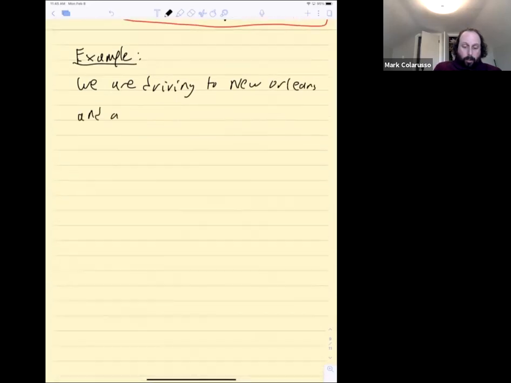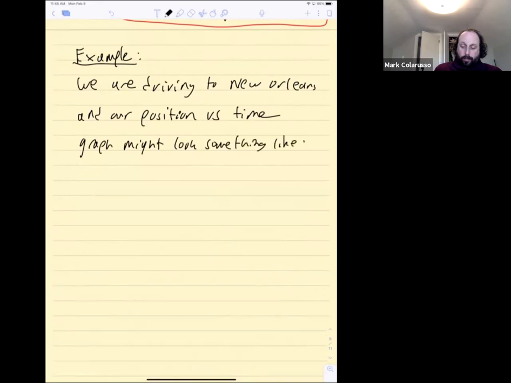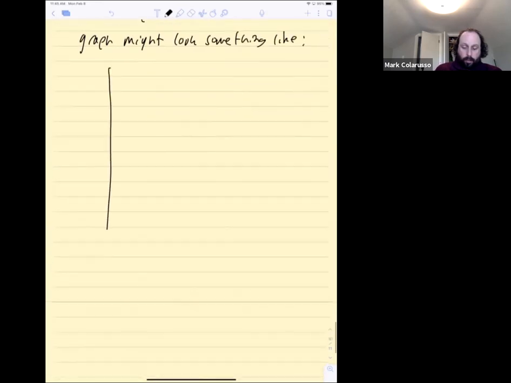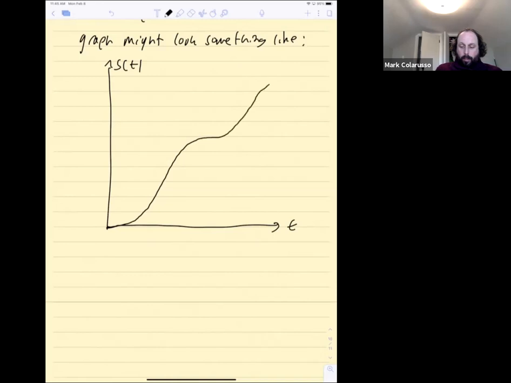And our position versus time graph might look something like the following. You start very slowly, you speed up, get on the highway, there's a jam, you have to slow down, you come to a stop, speed up again, and then you get off the highway and you're done.